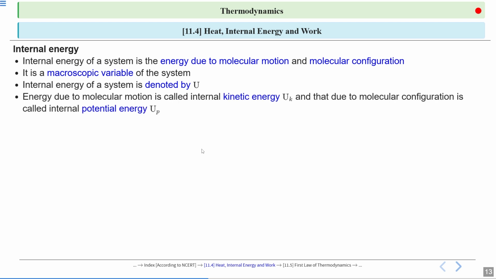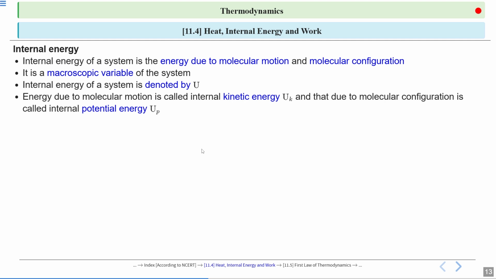Energy due to molecular motion: molecules move randomly in a closed container. So we can say the energy due to molecular motion is called internal kinetic energy, UK. Whereas the energy due to molecular configuration is called internal potential energy. So here we have two energies: internal kinetic energy due to molecular motion and internal potential energy due to molecular configuration.